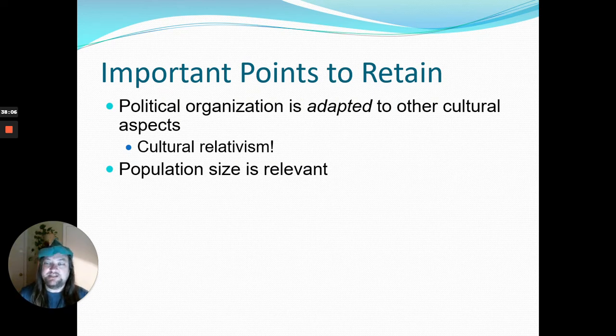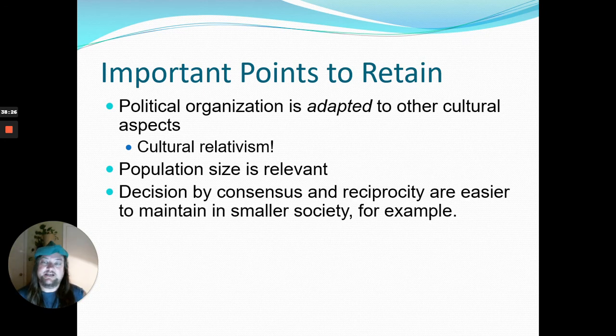Because a population that is growing at some point can decide to switch how they do things, or they can say, oh hey, maybe we should try to limit that population a little bit more. So that concept of agency that comes back in our textbook is relevant here as well. As I mentioned before, things like decision by consensus and maintaining relations of reciprocity are easier to maintain in a smaller society.